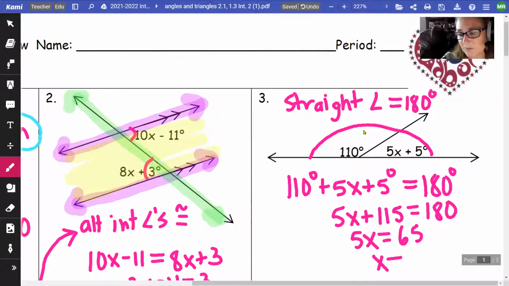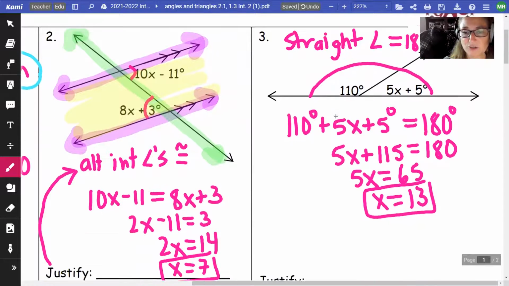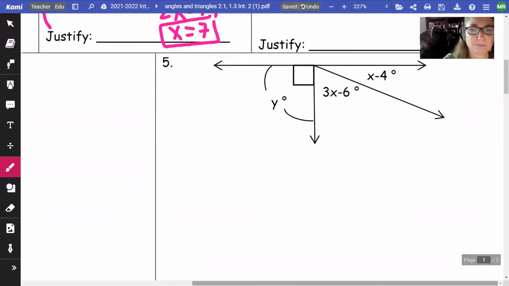And then I'm going to divide both sides by 5, and I end up getting 13 for my answer. And again, the justification, together, these form what we call a straight angle, okay, which is a straight line, and that adds up to 180 degrees. Just trying to go through different situations with you.